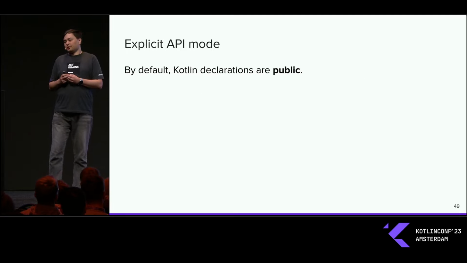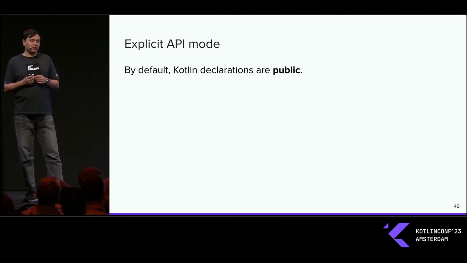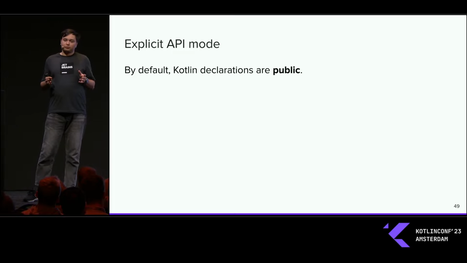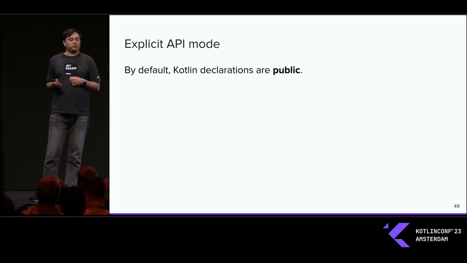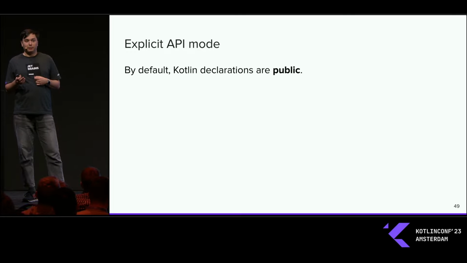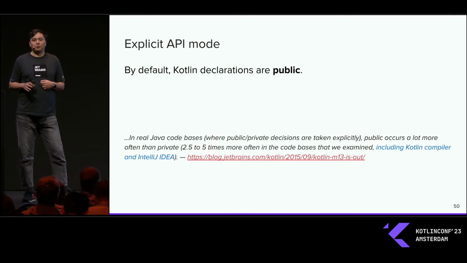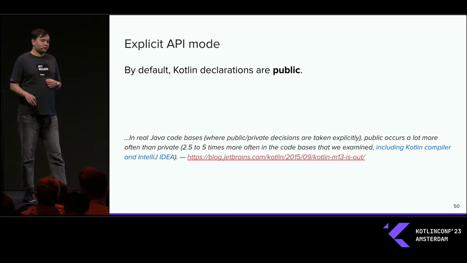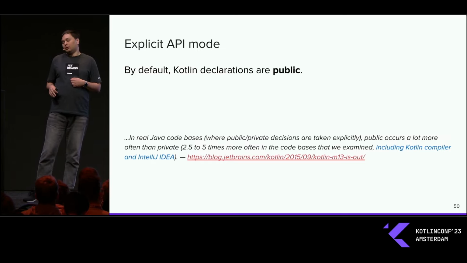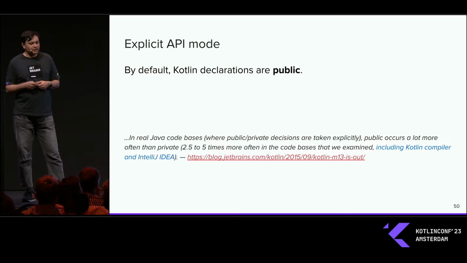Another tool that we use is called explicit API mode. Why is it needed? We all know that by default, Kotlin declarations are public. But not everyone knows that some time ago it wasn't like this. In pre-1.0 versions of Kotlin, and some milestone versions, the default visibility was internal.